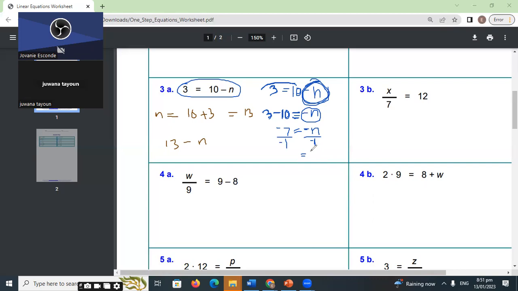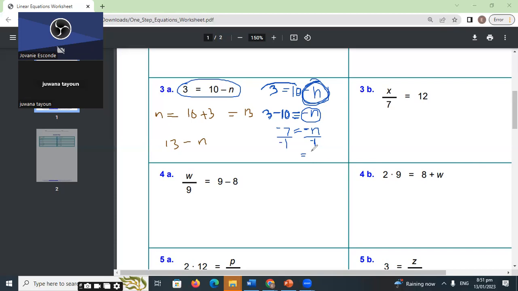If you can still remember, Joanna, if you divide terms with the same sign, like negative divided by negative, that is positive, right? Negative divided by negative is positive. Positive divided by positive is positive. If you are dividing the same sign, that is positive. Can you still remember that?